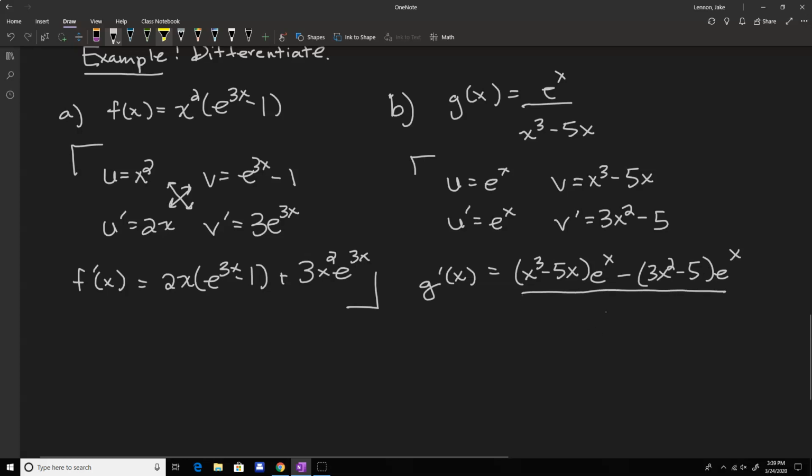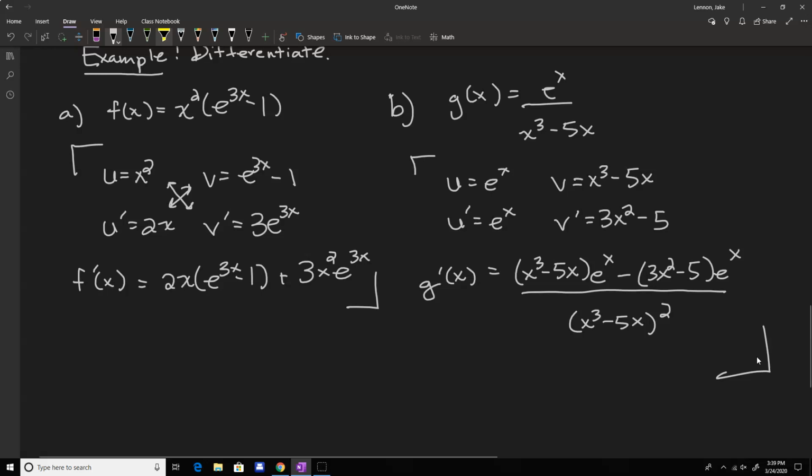So v was x cubed minus 5x, so I'm going to do x cubed minus 5x, and then I'm going to square the whole thing. And I would just stop there. You know, there may be some things that you could combine. It actually doesn't look like it if you expand them, so I would just leave it alone as is.